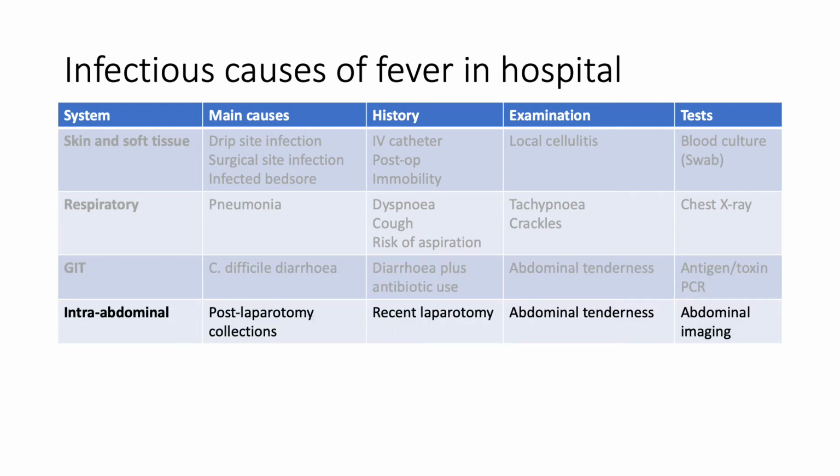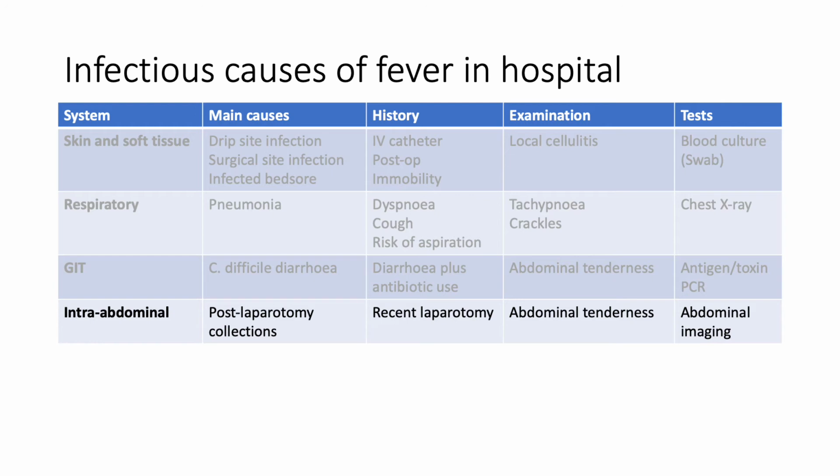I've separated intra-abdominal causes from GIT causes because it's clearly a different clinical syndrome. And when I talk about intra-abdominal causes of infectious fever in hospitalized patients, I'm really referring to patients who've had a laparotomy and have got collections in their abdomen. On history, the number one most important question to ask is, has the patient had a recent laparotomy?